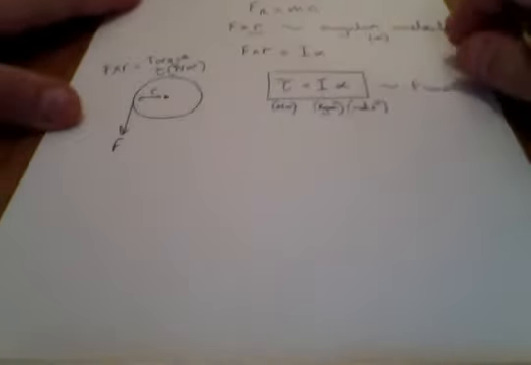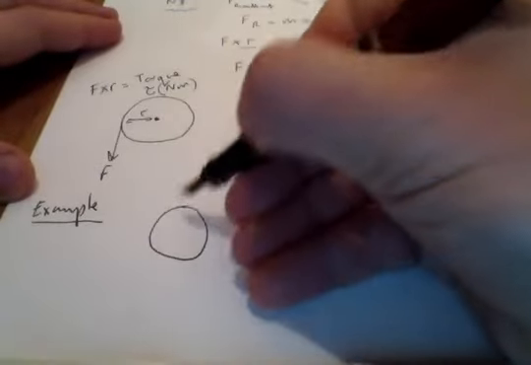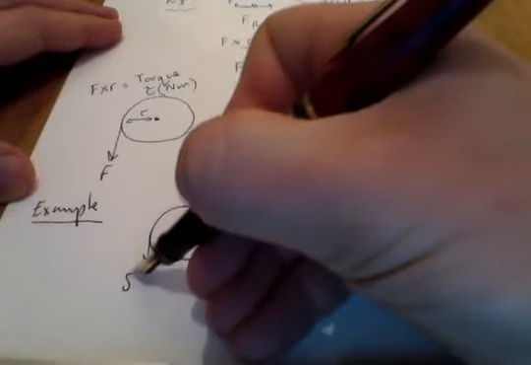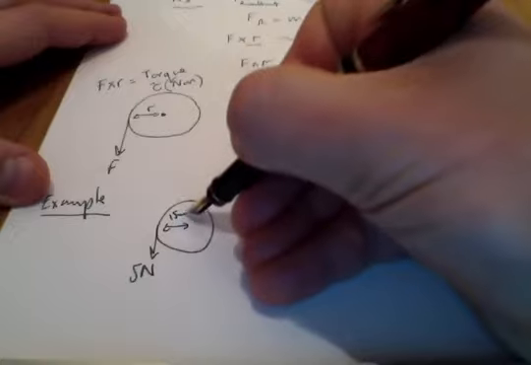Okay, so let's go straight into an example. Let's have a flywheel. You'll notice that flywheels are used quite a lot. Let's say a force is being applied which is 5 newtons at 15 millimeters from the axis.